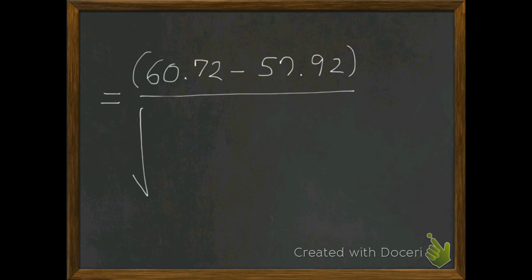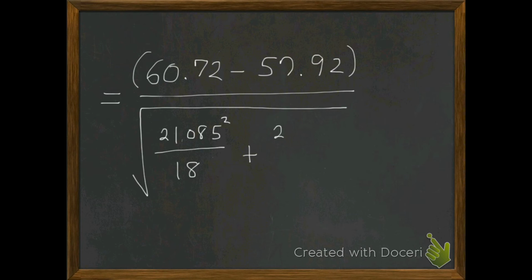And this is over the square root of 21.085 squared over, what, 18? Yeah. And 27.231 over 12. All right, boys and girls, let's see if we can get that in our calculator without doing something insane.